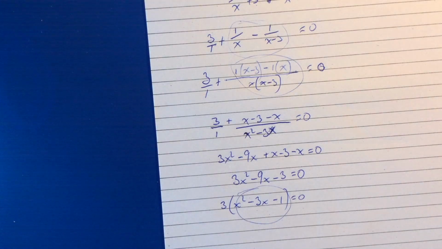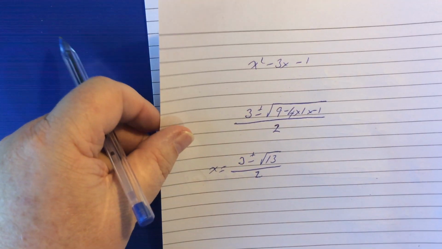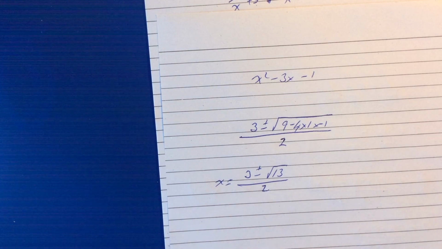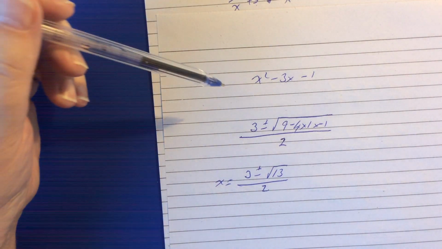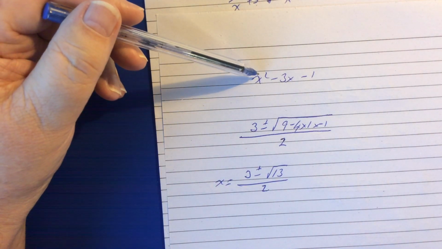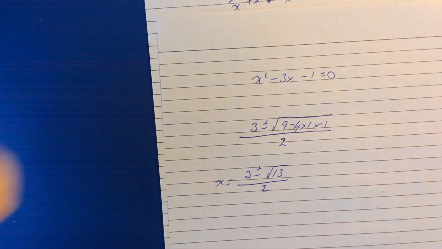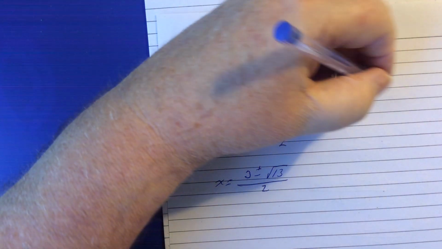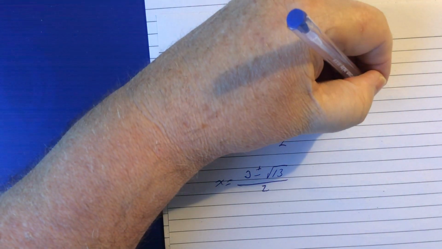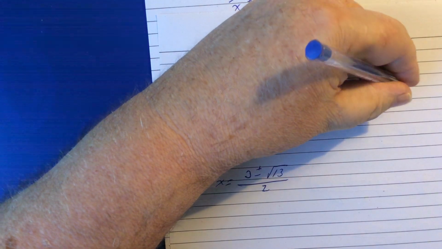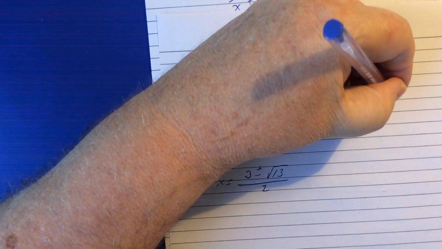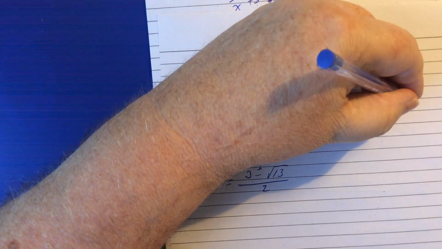So let's just get to that now, so that I don't make any mistakes with pluses and minuses. I did this earlier. So here's our equation. We'll make that equal 0. The quadratic formula is negative b plus or minus the square root of b squared minus 4ac all over 2a.